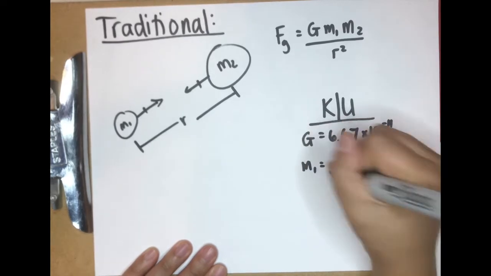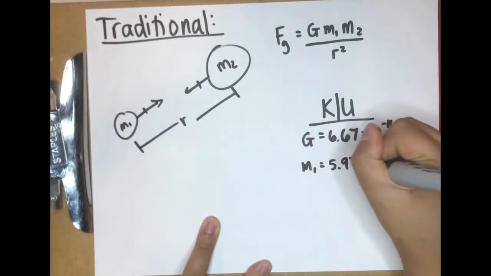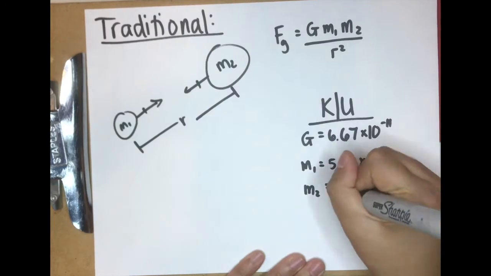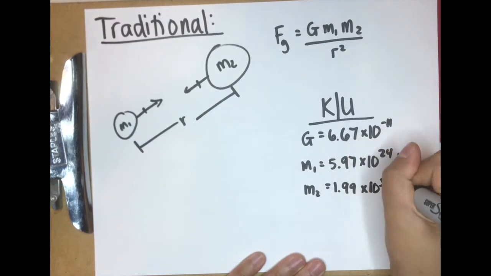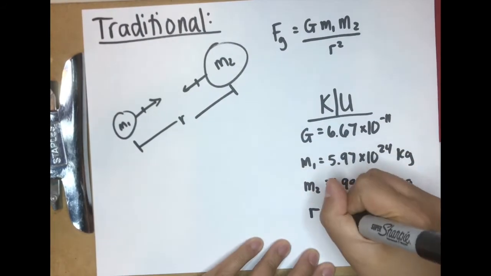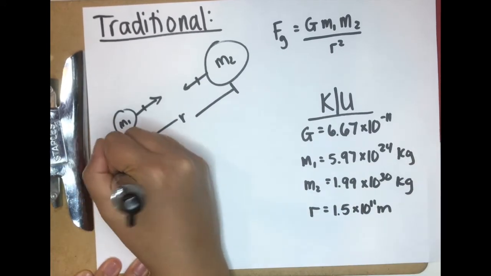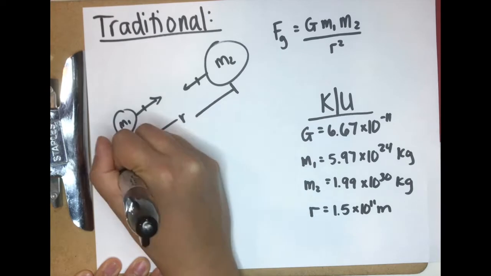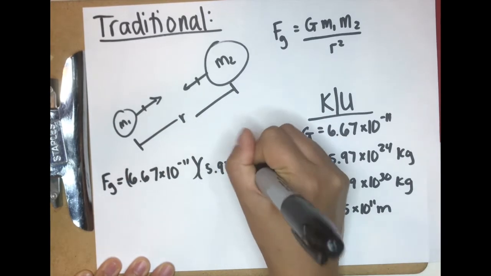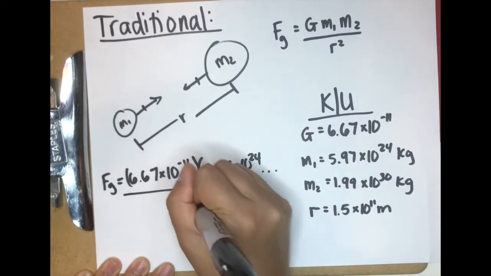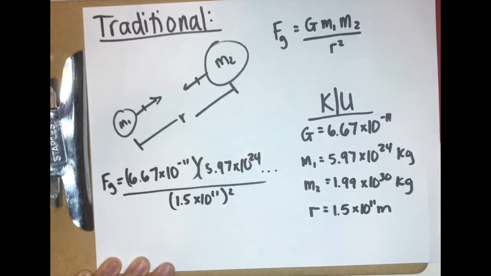The gravitational constant is immensely small. But each of the masses, the Earth and the Sun, are enormous. And so is the distance between them, right? 10 to the 11th meters is enormous. And that means when I substitute into this equation, that's going to be tricky to work with.